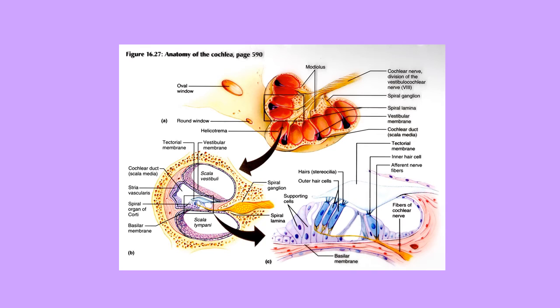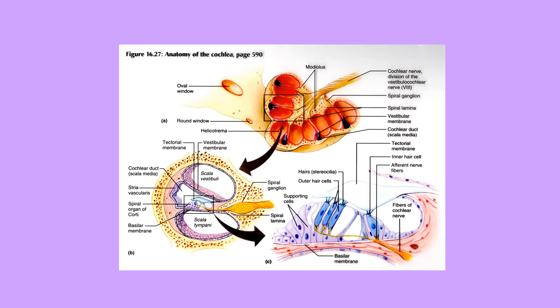This is shown enlarged, the cochlea, where you have the different vestibules and then nerves extending from those, forming the cochlear nerve, which is going to be part of the vestibulocochlear nerve, or nerve number 8.